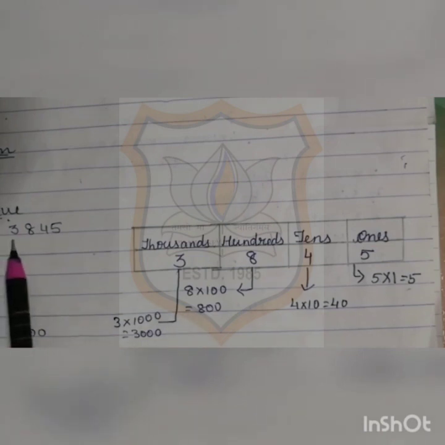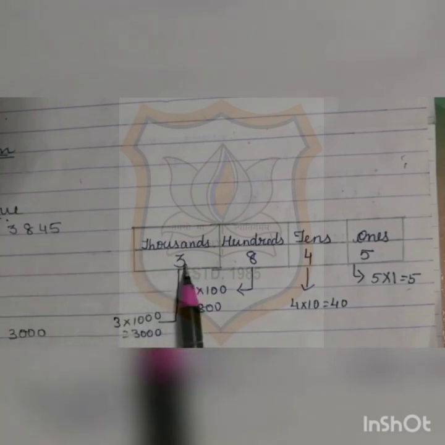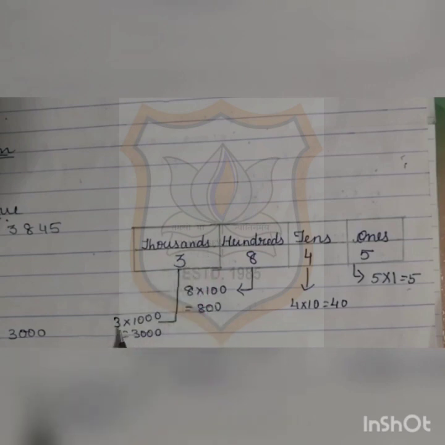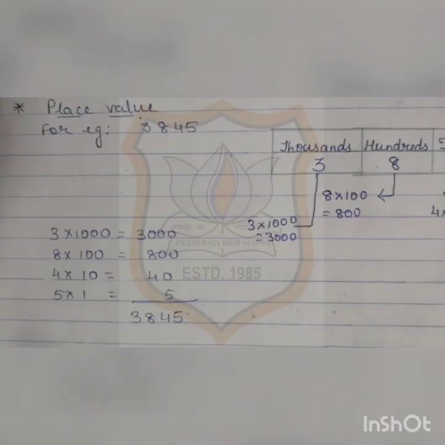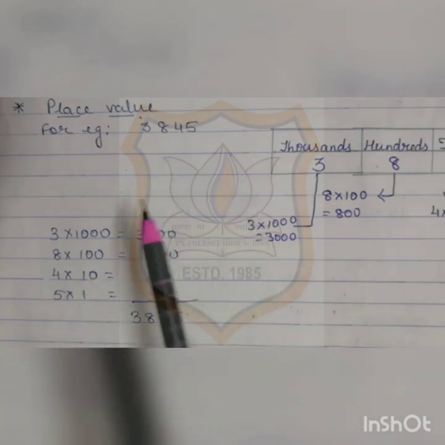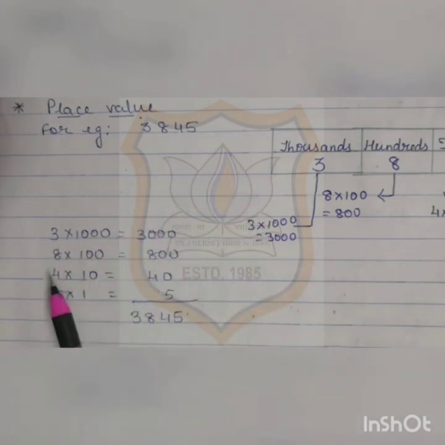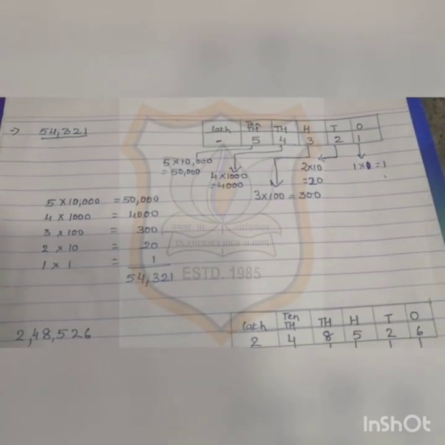Now the last number 3. 3 is written in thousands position. So the place value of 3 is 3000 as it is multiplied by 1000. So we can see that the place value of 3 is 3000, 8 is 800, 4 is 40 and 5 is 5. So the number we say is 3845.